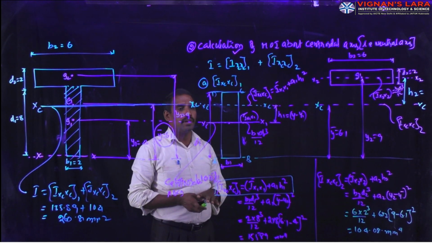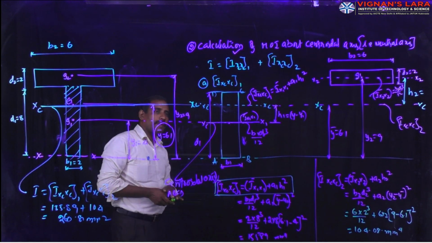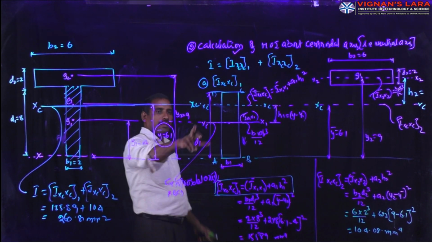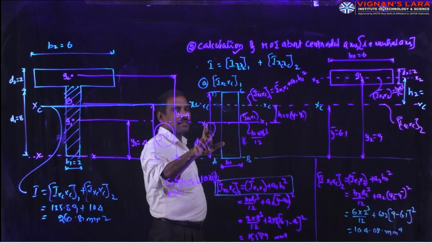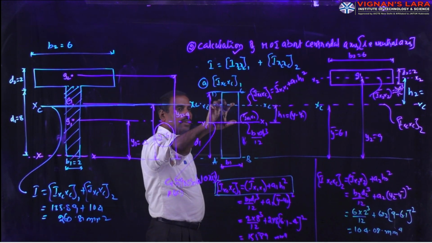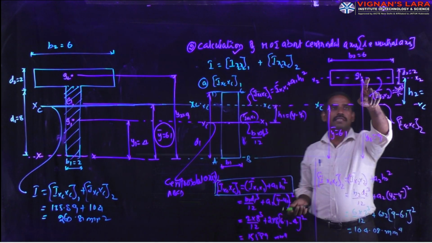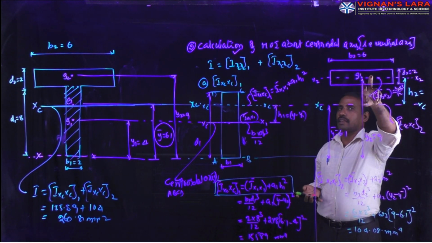Suppose you want to use the parallel axis theorem, one of its axes must be passing through the centroid of an area. Here, this is the non-central axis, this is the central axis. That's why we definitely use the parallel axis theorem. Coming to the next one, this is the central axis of this rectangle, this is the non-central axis of rectangle 2.